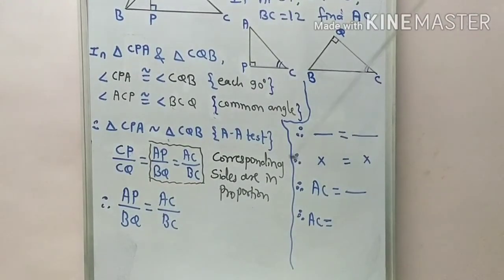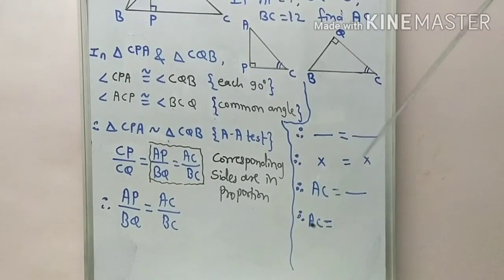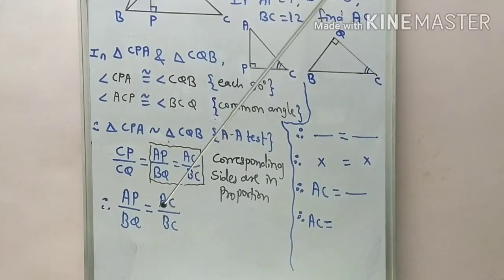And then by cross multiplication again we simplify and find the value of AC. So put in the given lengths of the segments and try to solve this and find the value of AC. Try it students.